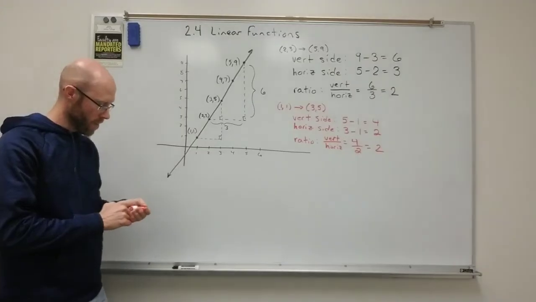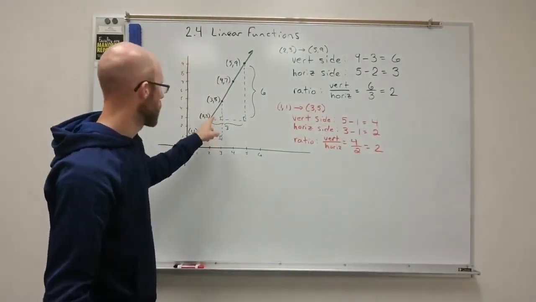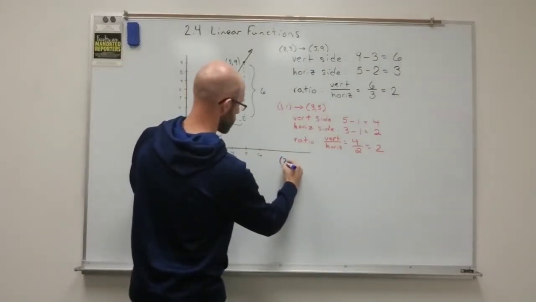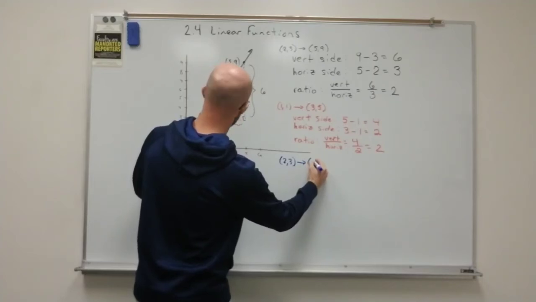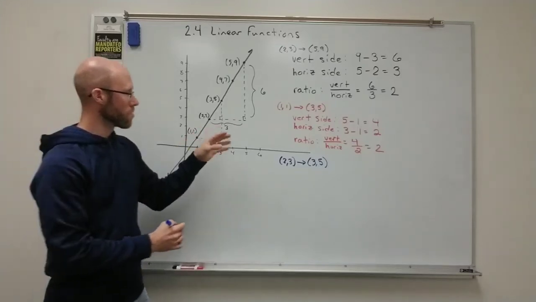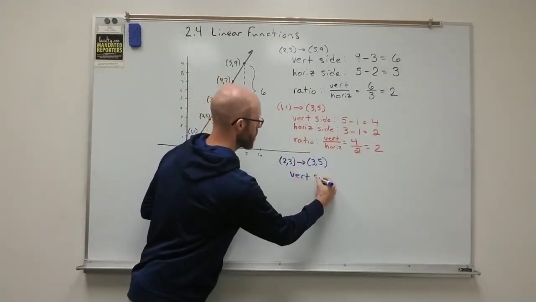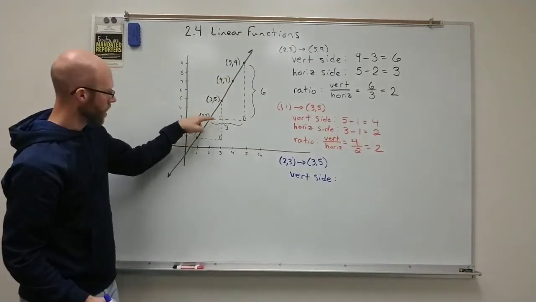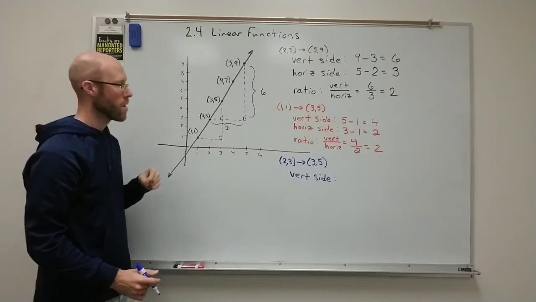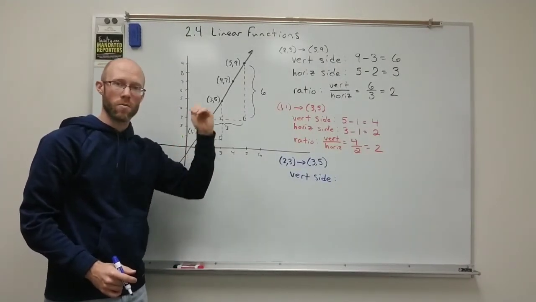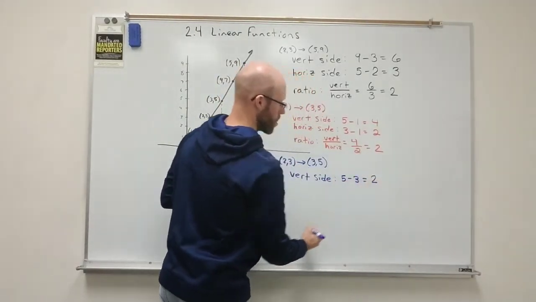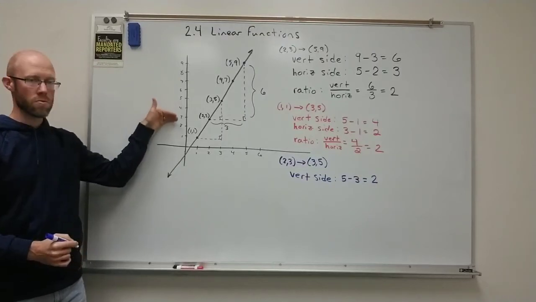Let's try this one more time with that third triangle, the little one I just put in there. So we're going to do, let's see, it's from point 2, 3 to the point 3, 5. Again, we'll set that up looking at the vertical side. For this small triangle, the vertical side starts at 3, goes up to 5. That's a height of 2, right? From 5 to 3 or 3 to 5. So we'll subtract them in reverse order. 5 minus 3 is 2.